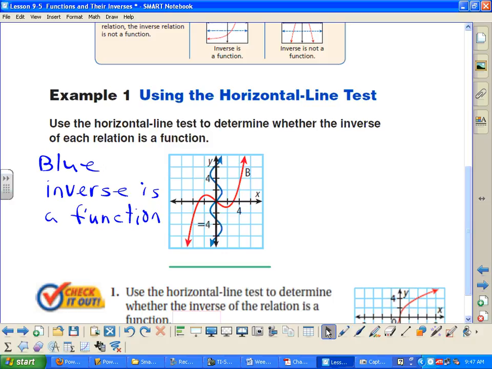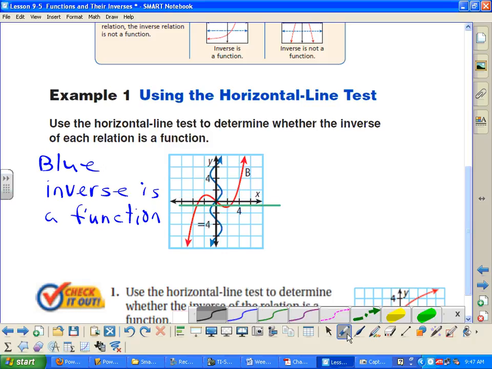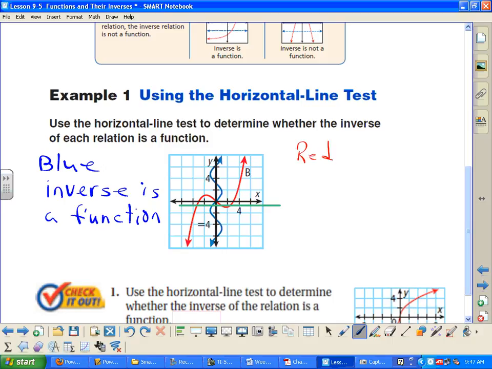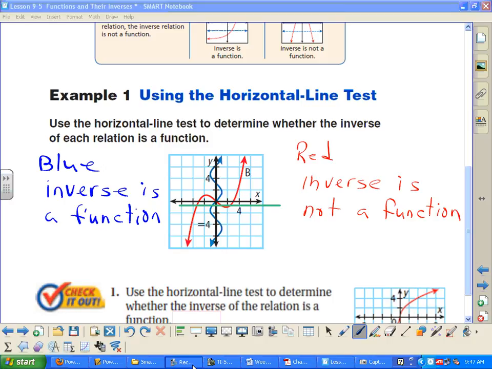How about the red line? Okay, because we've got quite a few places where it crosses more than one point horizontally. So for the red line, the inverse is not a function. Okay, and that right there is how we do the horizontal line test.